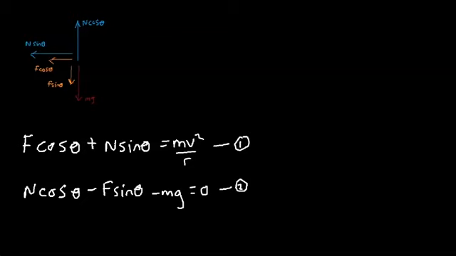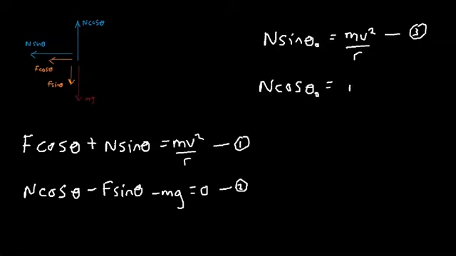To get an optimum angle of banking, we set F, which is our frictional force, to 0 in both equations and solve for θ. Doing this, we get N sin θ equals mv² over r, and let's call this equation 3. And doing this in the second equation, we get N cos θ equals mg, and let's call this our equation 4.